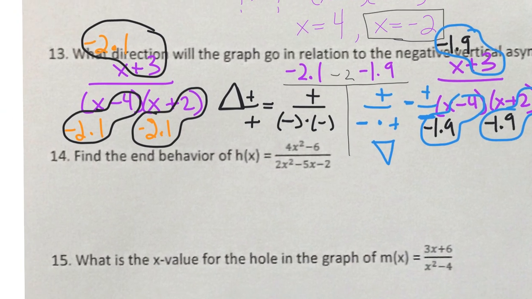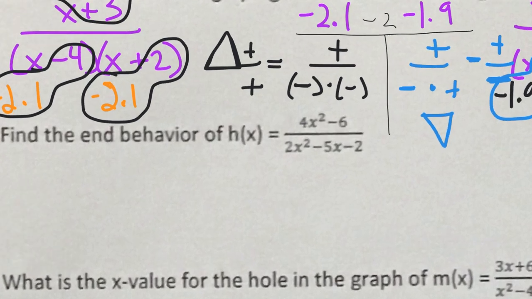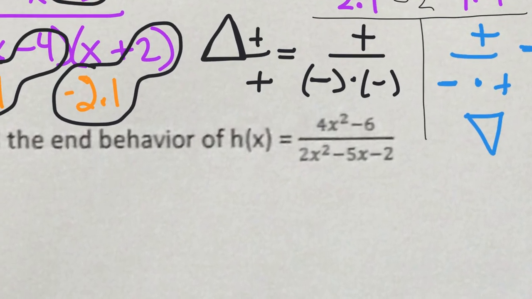Okay, let's find 14, the end behavior. So end behavior means we're looking at heaviness. Hopefully you notice we have an x squared in the numerator and an x squared in the denominator. So this is a neutrally heavy function. And when it's neutrally heavy, we look to our coefficients. So 4 divided by 2.